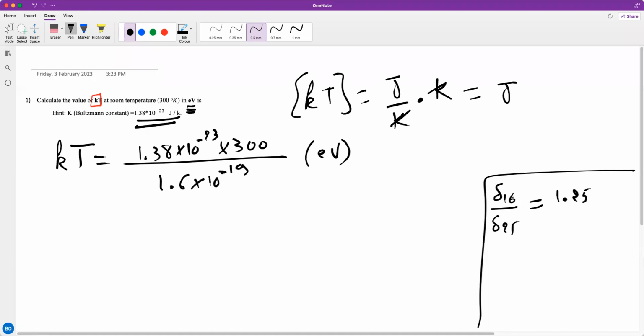The meaning is that the skin depth of 16 gigahertz is 25% bigger than the skin depth of 25 gigahertz. The skin depth is the thickness at which 63% of the signal will be attenuated. This means that the 25 gigahertz will be attenuated at a shorter distance than 16 gigahertz.